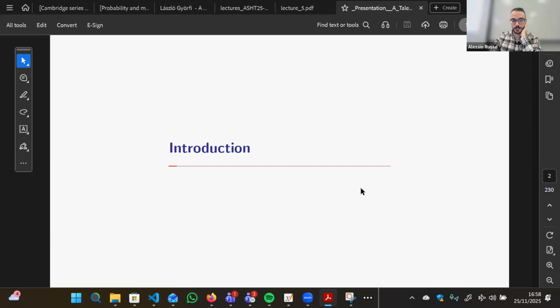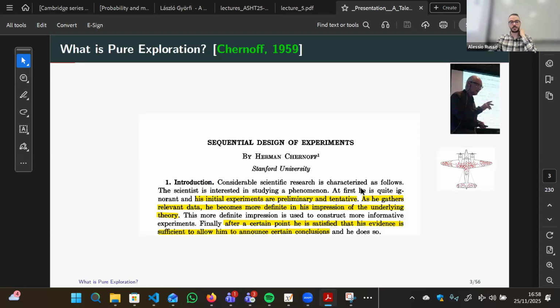So the problem we are facing is essentially a problem that Chernoff came up with in the 50s. So the problem of designing experiments to try to understand some underlying phenomenon of a system. So you start by designing a first experiment, you get some evidence from the system.